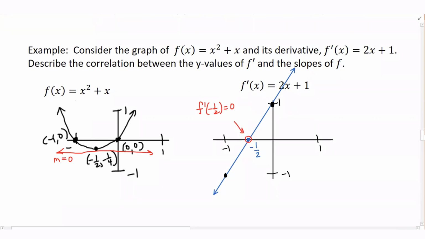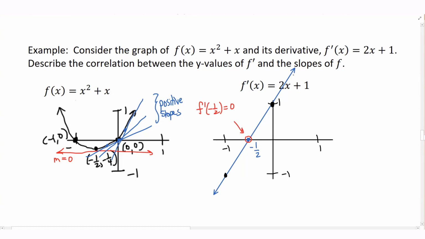For example, what kinds of slopes, and I don't mean a numerical value, but what kinds of slopes do we have on the portion of this graph where the function is increasing? What do we know about the slopes over here? That's right. Remember, when a function's going up, that's a positive slope. So if we look anywhere to the right of negative 1/2, we have all positive slopes, right?